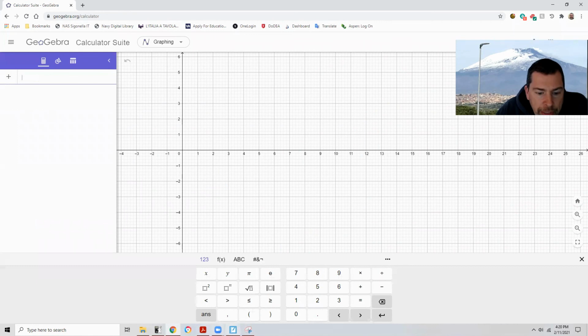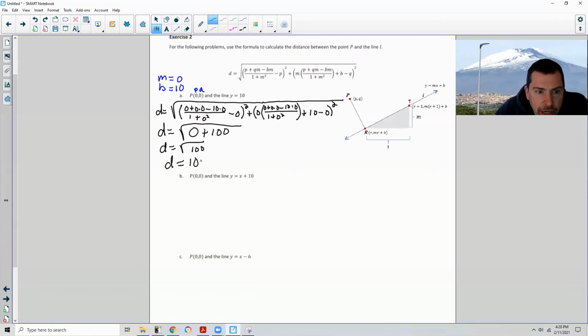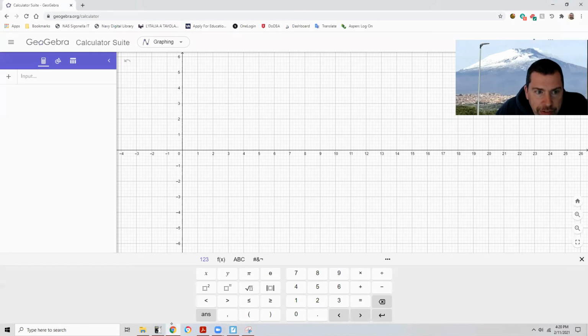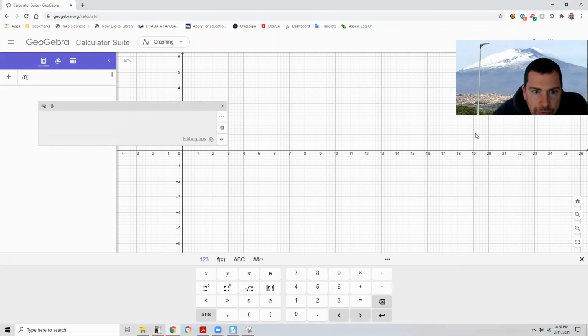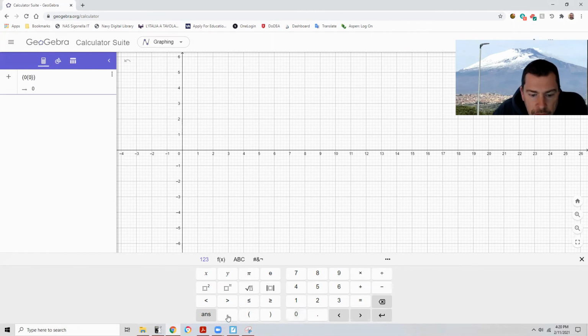All right, so let's go back and what do I have? I have 0, 0 and a line y equals 10. That's all I'm graphing. So I'm going to put a point in. Whoops, I can't use my pen for this. Put that down, use the mouse. 0, comma, 0. Enter. Okay, there it is right there.